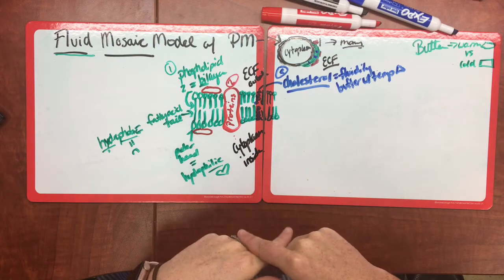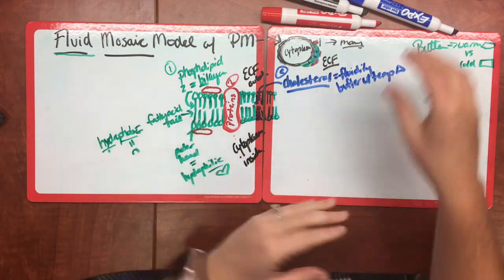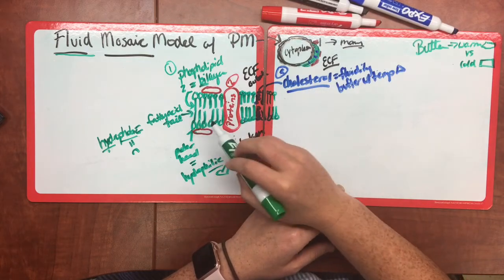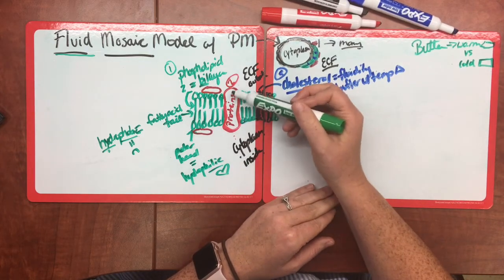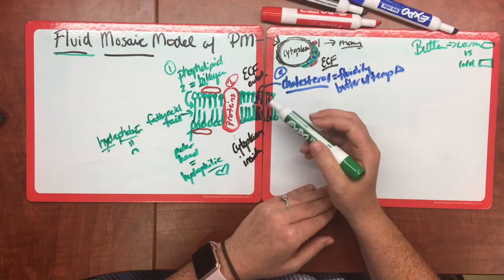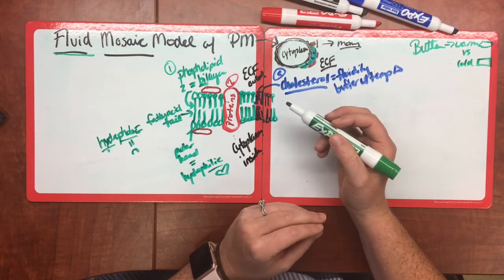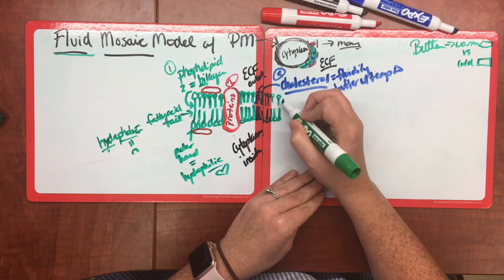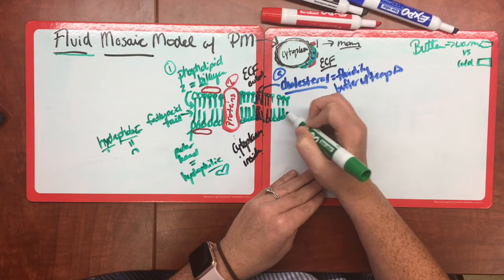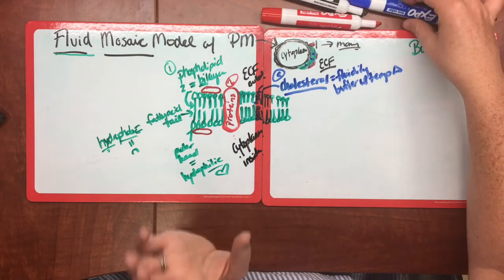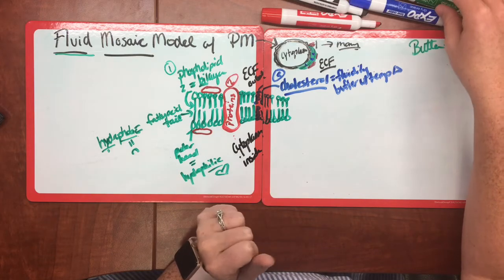Okay, so those would be some really important components of the cell membrane. That was the phospholipid bilayer, proteins, which could be transmembrane, integral proteins, or peripheral proteins, and cholesterol to help maintain the structure at different temps. Let's draw a little bit further out. What else we could find is attachments here.